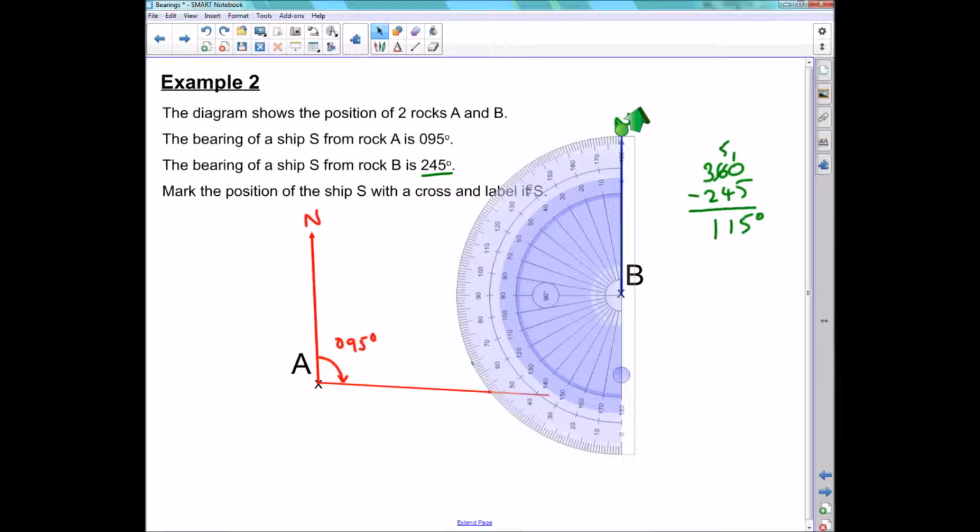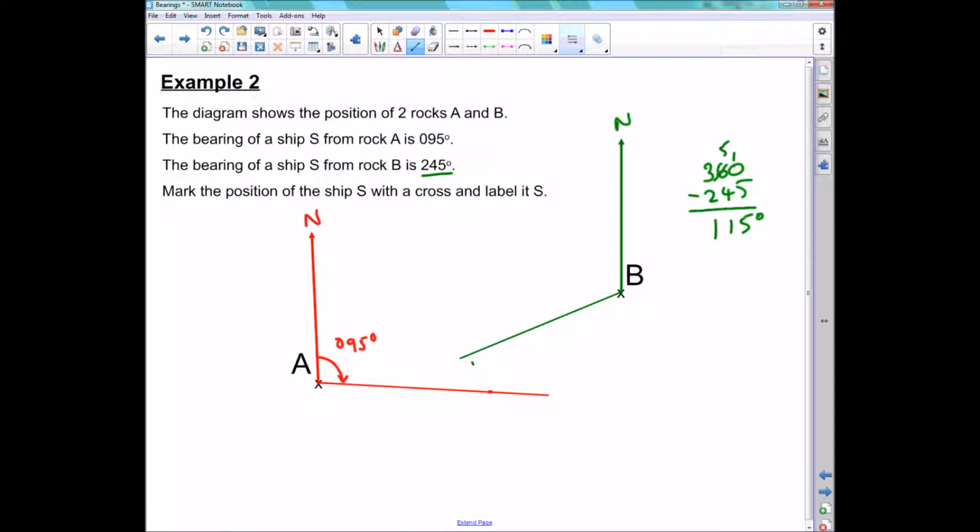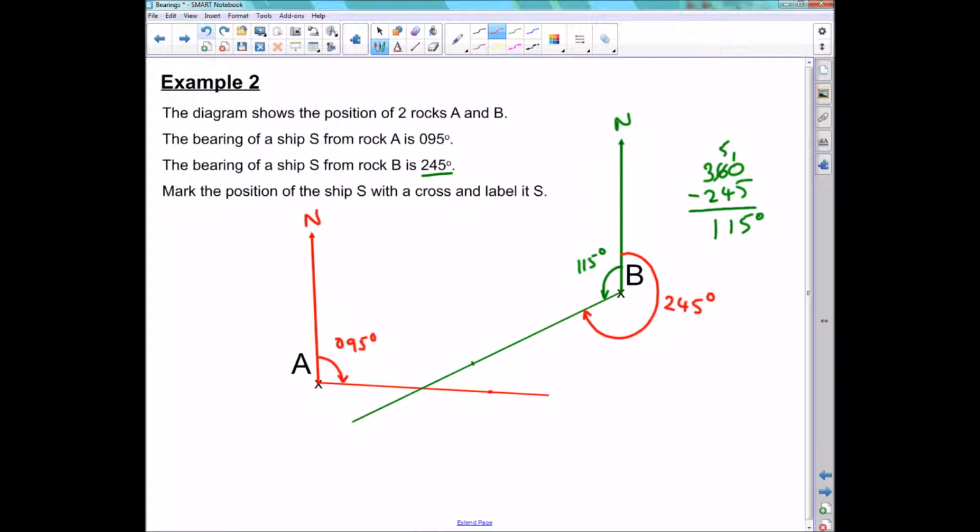Removing my protractor and joining this point up with my point B, I've made my angle of 115 degrees, but this time anti-clockwise. If you remember, bearings are measured clockwise, and we should have a bearing of 245 degrees.